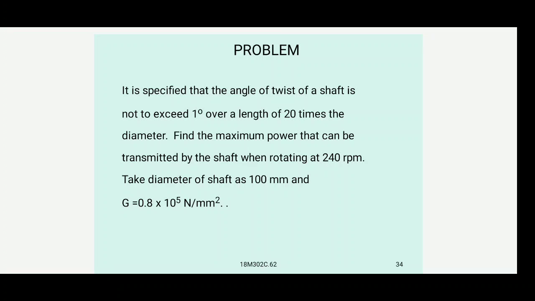Find the maximum power that can be transmitted by the shaft when rotating at 240 rpm, take diameter of shaft as 100 mm and G is equal to 0.8 into 10 to the power of 5 Newton per mm square.